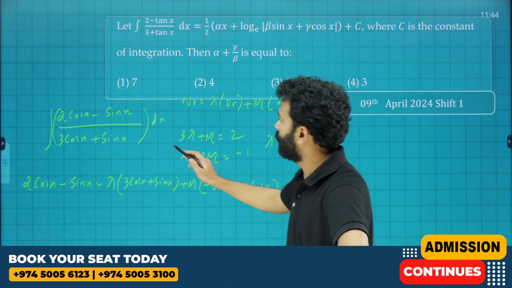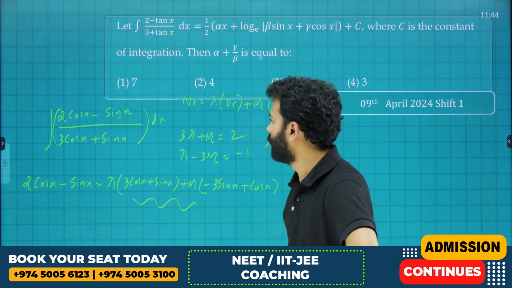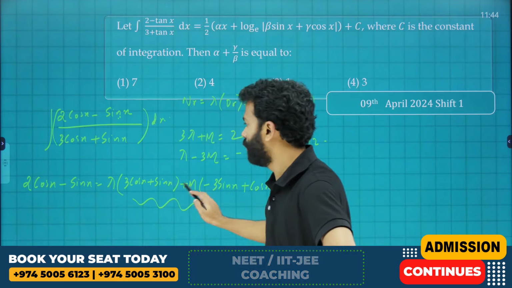Therefore, we can substitute this value and integrate. Lambda and mu will be 1 by 2.